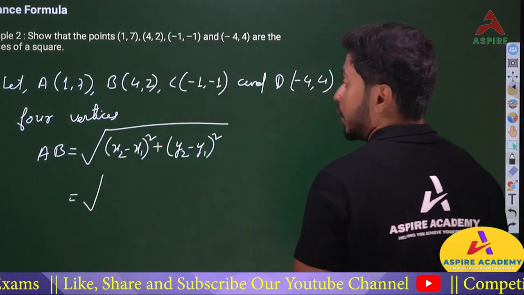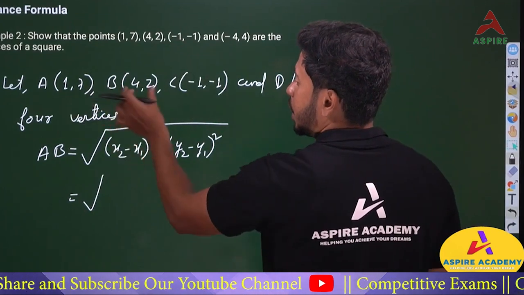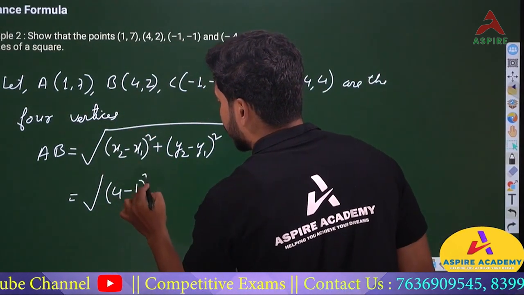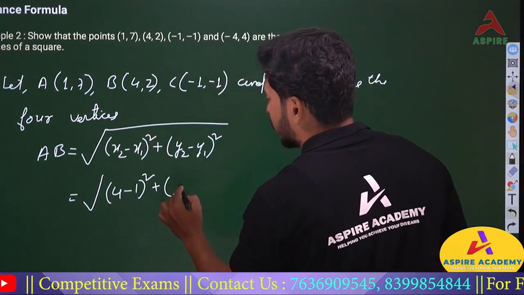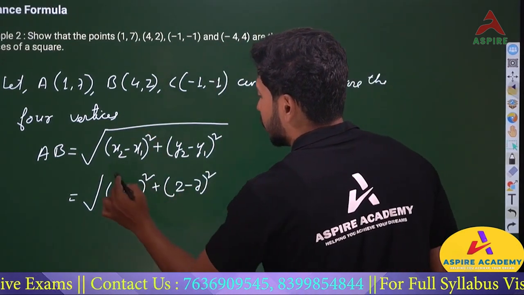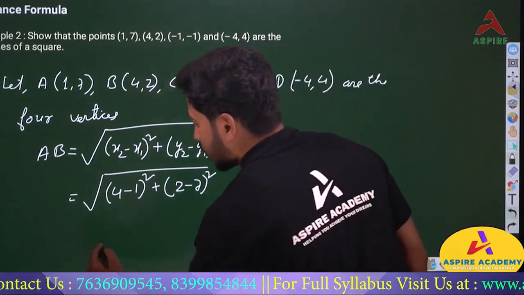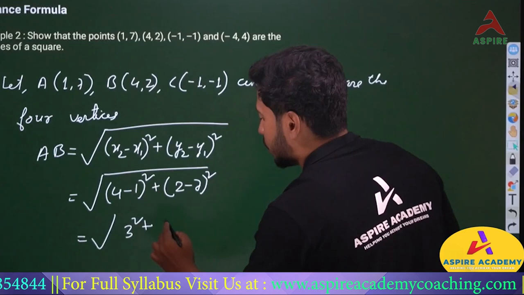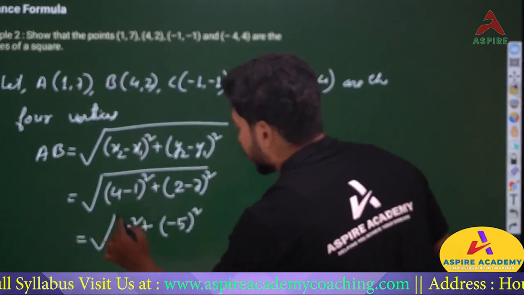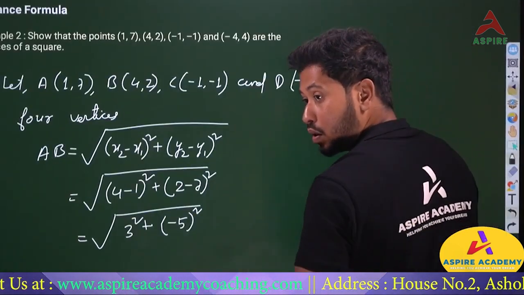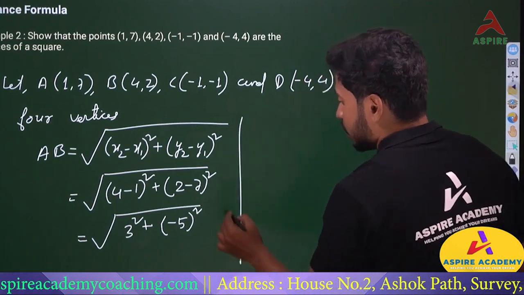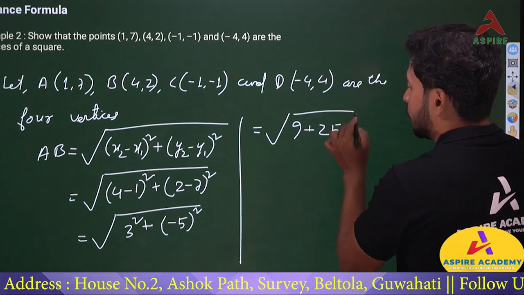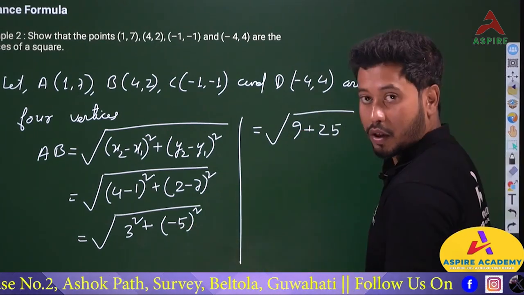Between A and B, x2 minus x1 is 4 minus 1, 3 squared, plus 2 minus 7, minus 5, whole square, equal to 9 plus 25, because minus 5 whole square will be 25.